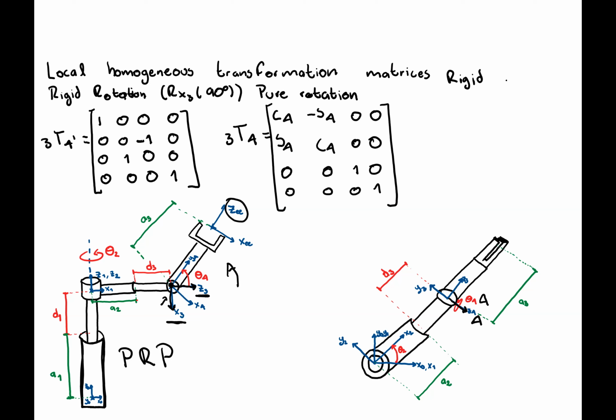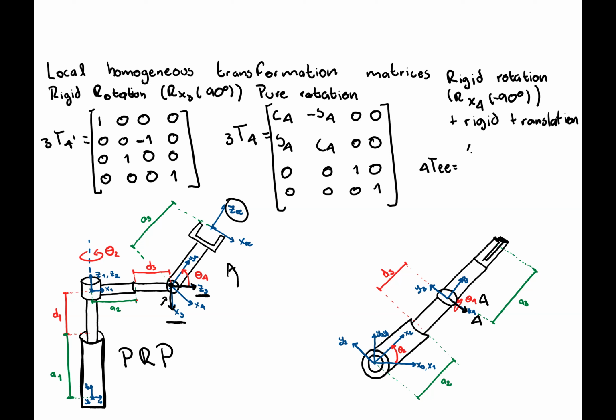Rigid rotation, and this rigid rotation corresponds to a rigid rotation about the x4 axis of minus 90 degrees, plus a rigid translation.